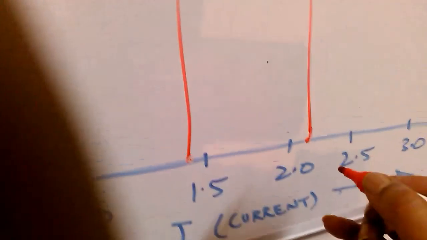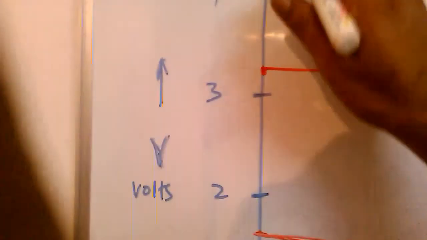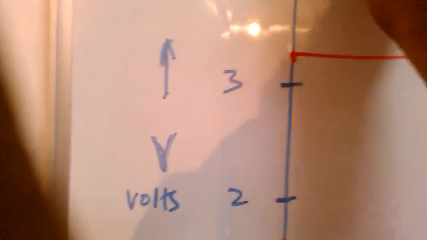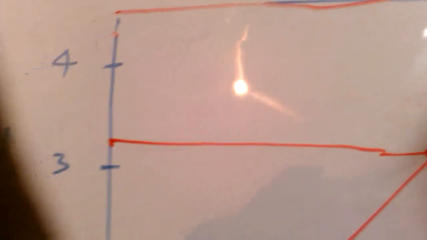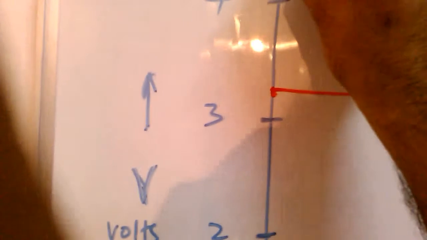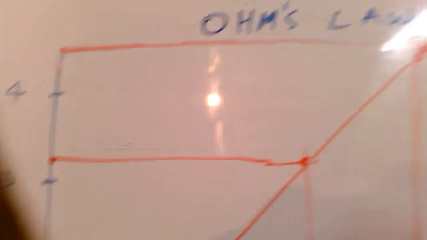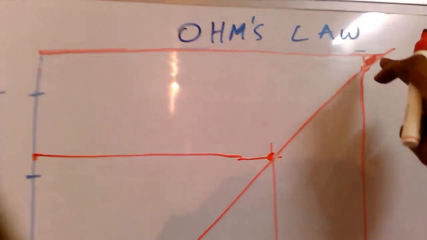So 2.17 comes somewhere here, and I have marked the point here. 4.75 comes somewhere still higher, of course. Okay, so this is another point I got.